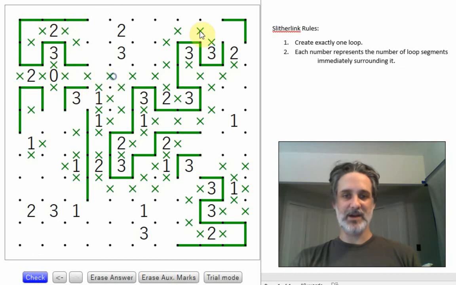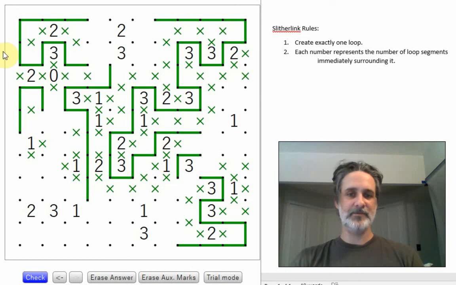So if I close this off, I would have to close this off, and then I have no space left. So both of those portions of the grid have to loop in, which gives me, well, let me fill that out. I have to utilize those, and that'll give me some more pathing clues.